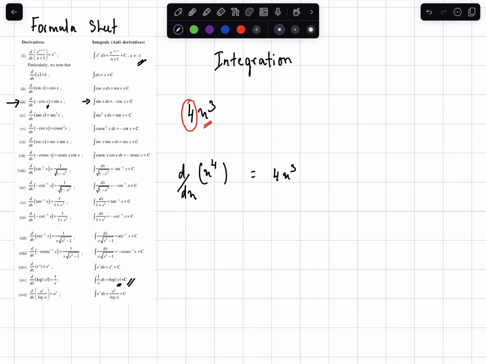If they ask you through the method of inspection, you only do this. All you have to do is, don't worry about the constant or the real number, worry about the exponent: increase the power by 1 to x raised to the power 4 and then differentiate it.